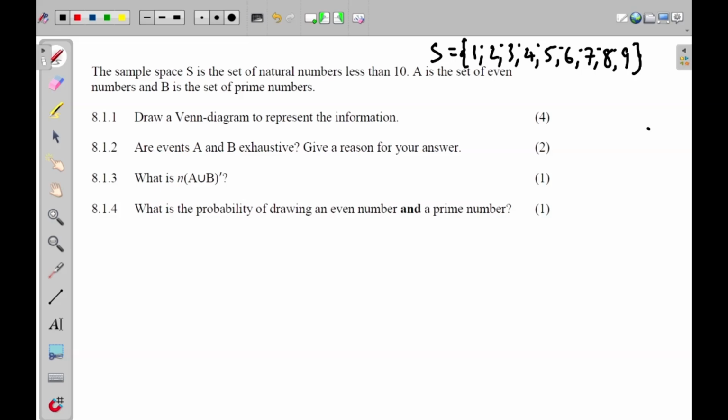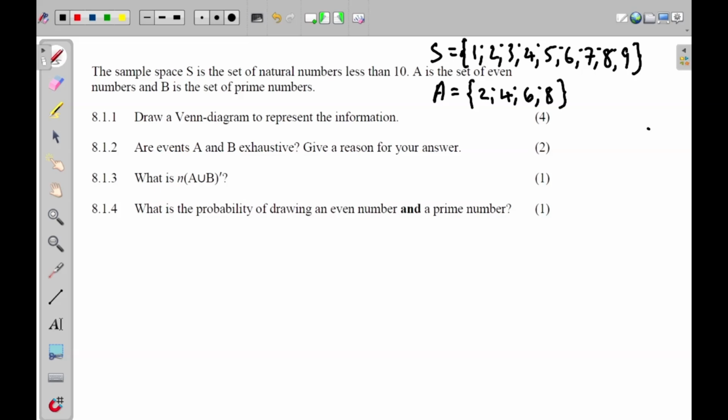Now, look at how they define events A and B. Event A is the set of even numbers. So from the sample space, we can have event A, and that event A will comprise of the following: 2, 4, 6, and 8. Because those are the only even numbers from the sample space.